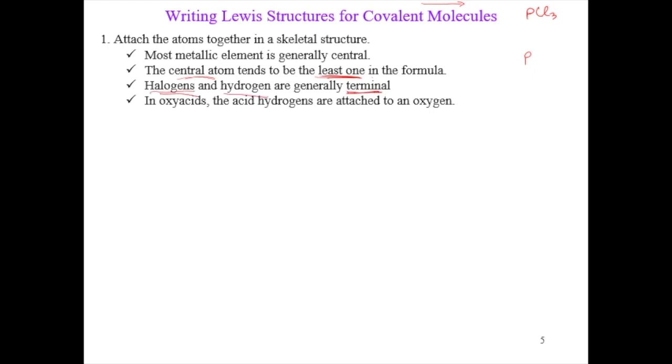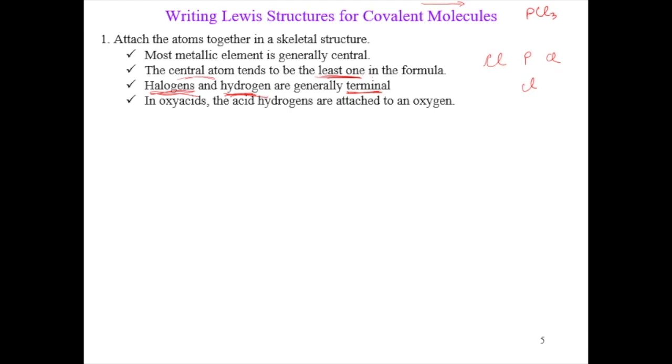Halogens are everything that belongs to group number 7, and chlorine belongs to group number 7. Hydrogens are also generally terminal. Terminal means whatever comes in the middle will be in the center, and the rest will be around it. So I'll distribute the 3 chlorines on 3 sides of the phosphorus atom.